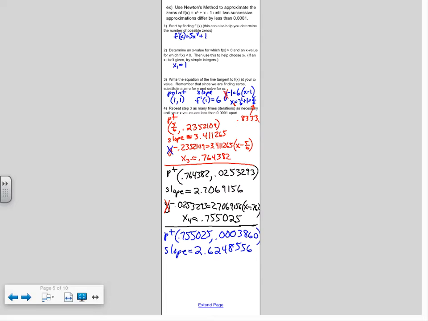So for our final line, we get y minus 0.0003860 equals our slope times x minus our x value. All right, and if we solve for x, remember make your y equal 0, solve for x.